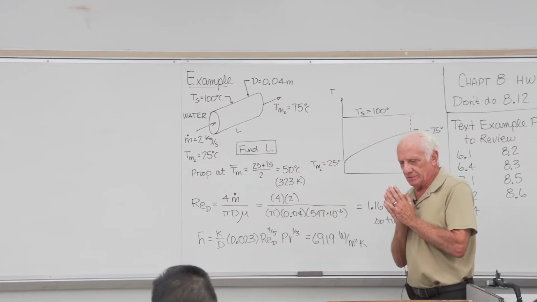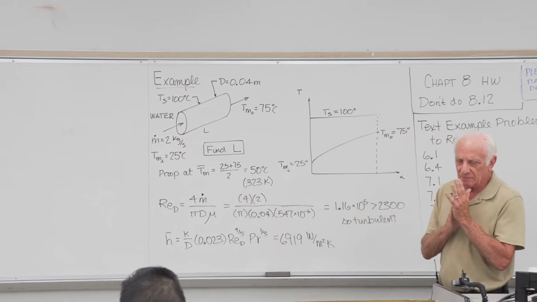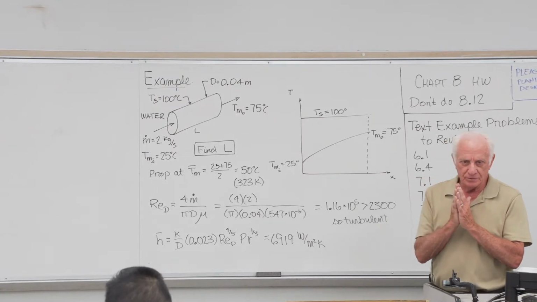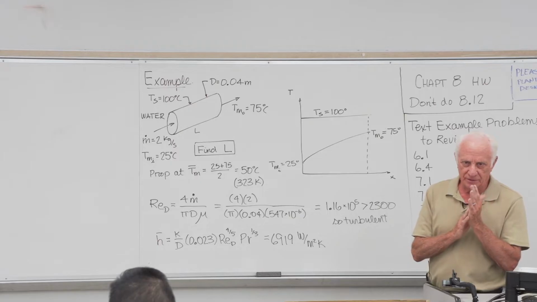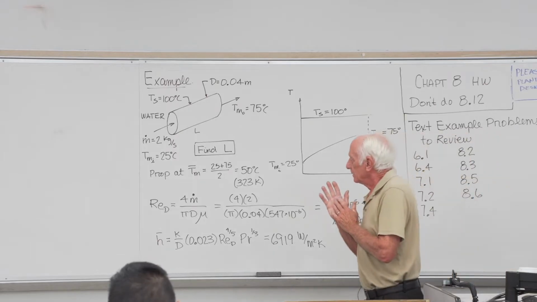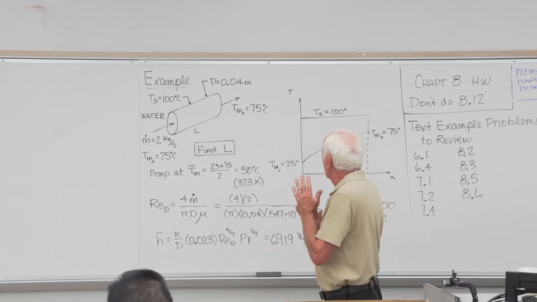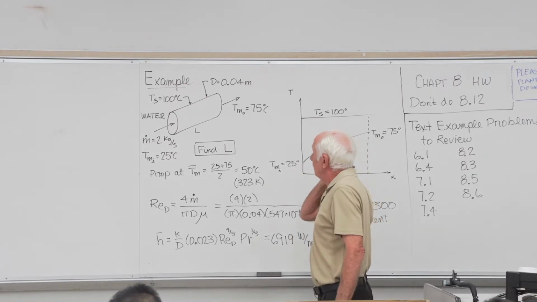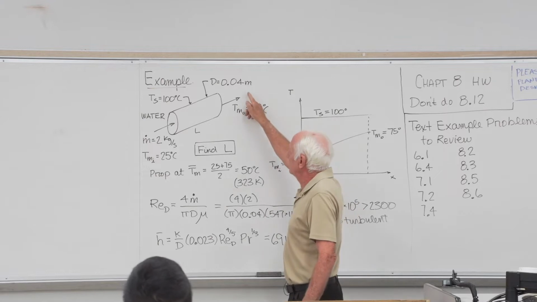I kind of alluded to it the last time we met, that sometimes you may be asked to find the length of the tube to do a necessary heating of the fluid inside the tube. So this is one of those examples. We start off with a tube of 4 centimeters diameter.